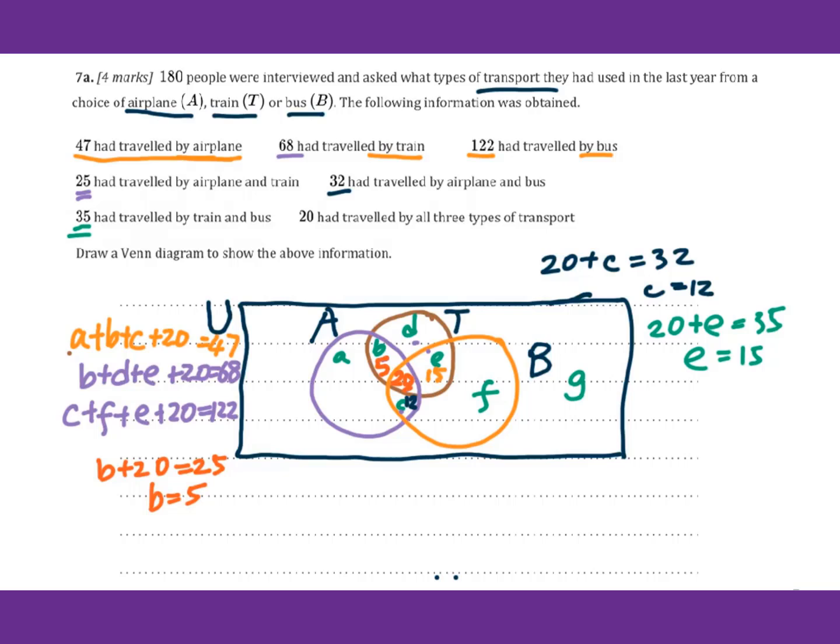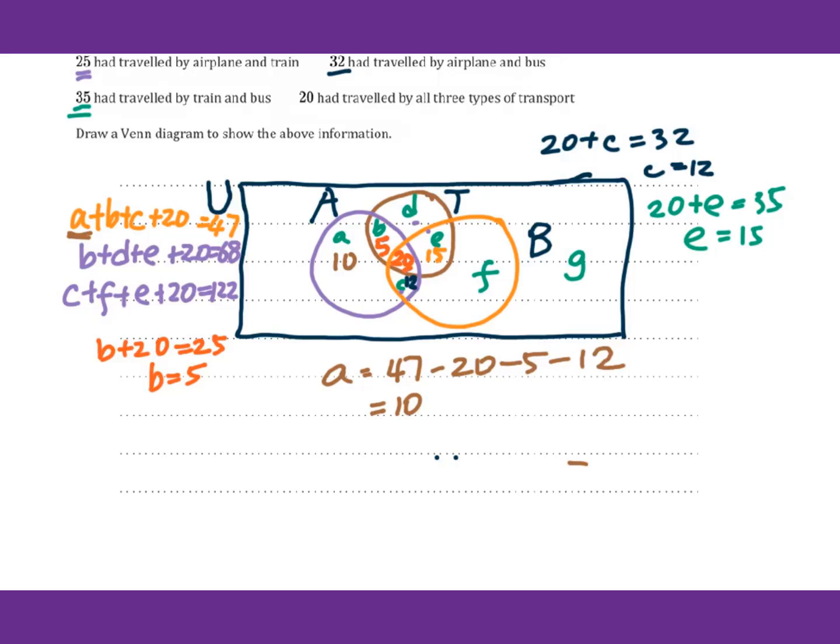This time you can figure out A. We use 47. A equals 47 minus 20 minus 5 minus 12. That equals 10. Then for the D, I can use this 68 minus 5 minus 20 minus 15.